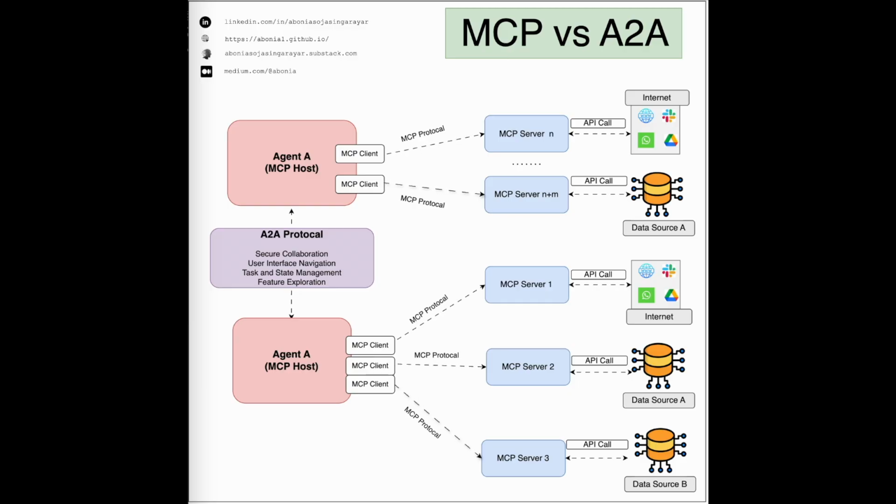And the architecture for MCP is a structured rigid schema, which is RPC like, okay? And A2A is more flexible and conversational. And then the tech stack of MCP is REST, HTTP, JSON. On the other hand, A2A uses JSON RPC, HTTP, and server-sent events.